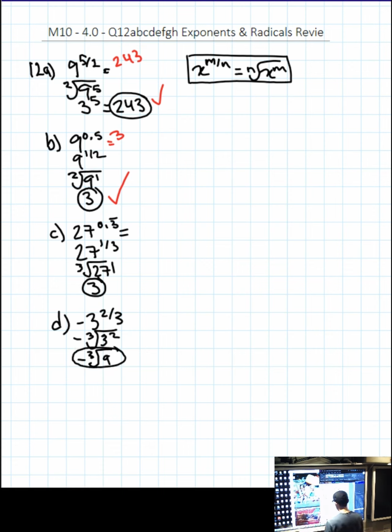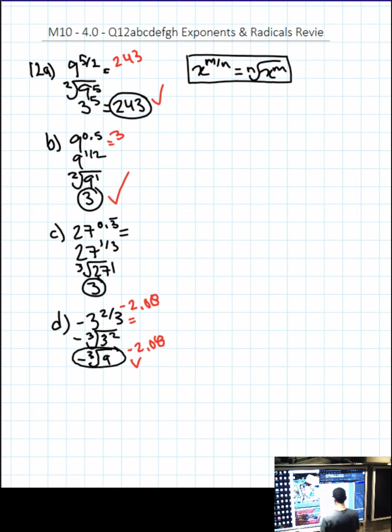So if I type in the question, -3 to the exponent 2 over 3, we're going to get negative 2.08. And then if I type in negative cube root of 9, I'm going to get negative 2.08, which means our answer is correct.